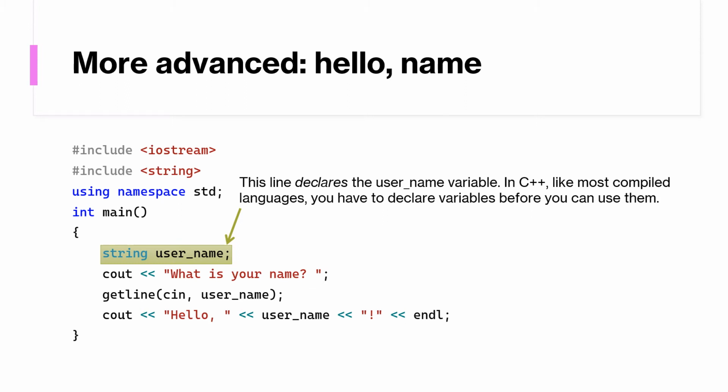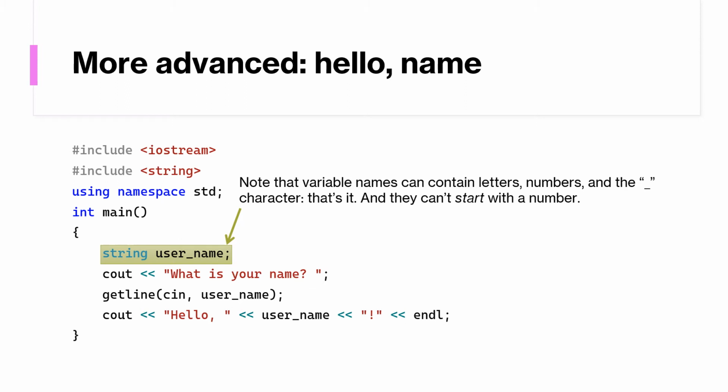You have to give the variable a type. You can't just say username or even var username, as nice as that would be. We have to know ahead of time what kind of data we're going to be storing in this variable. So we know we're going to hold a string of text, so we give it the type string, and then we give it the name username.